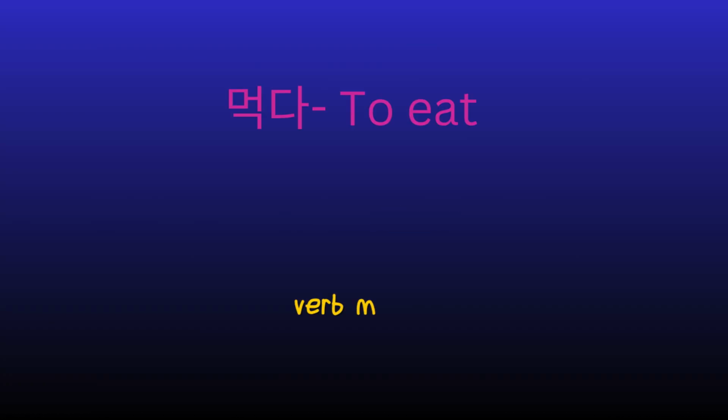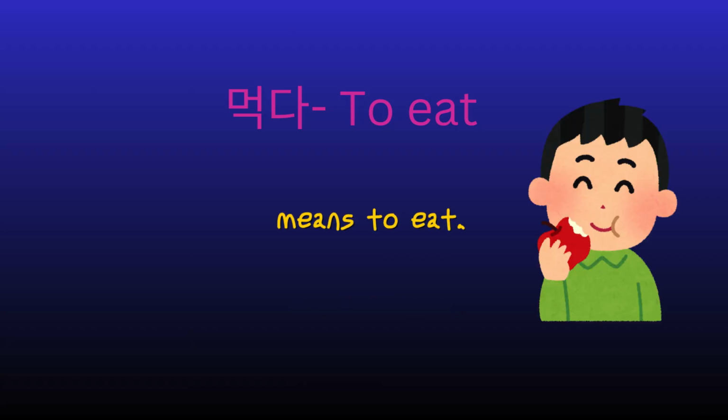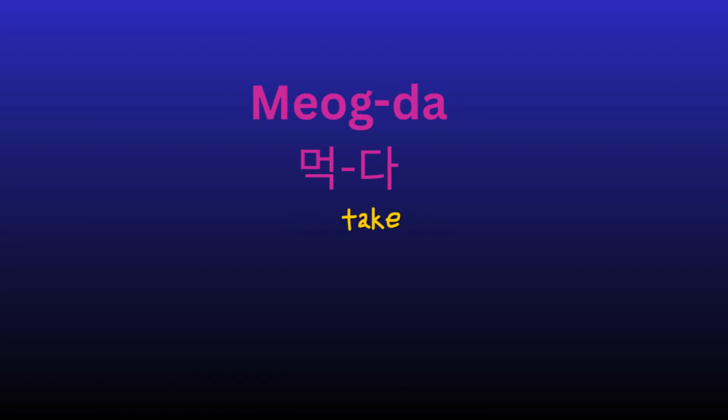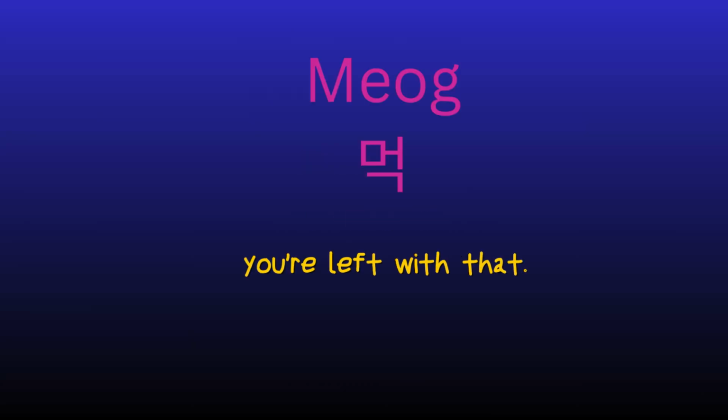Let's practice with the verb 먹다, which means to eat. 먹다 is the dictionary form. So step 1, take away da from the dictionary form of the verb. Now you're left with that. Now you have to attach either oyo or ayo.